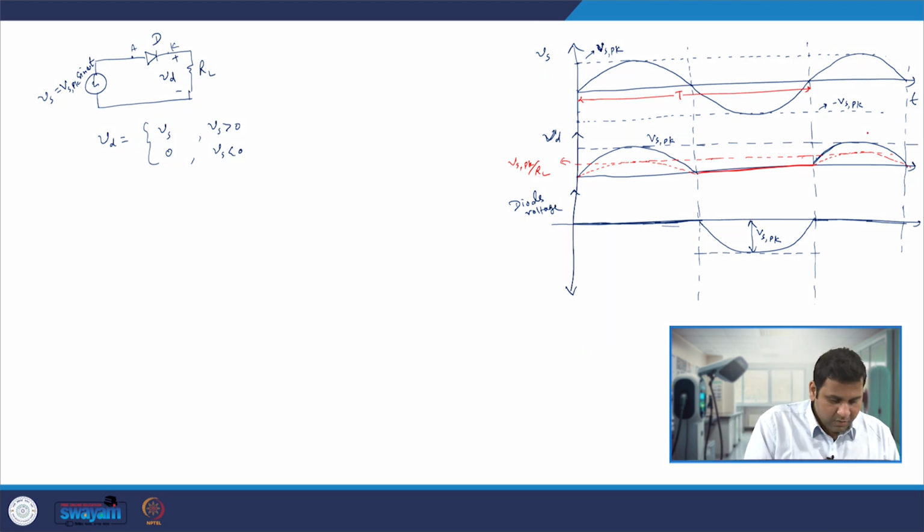let us see what is the average output voltage.